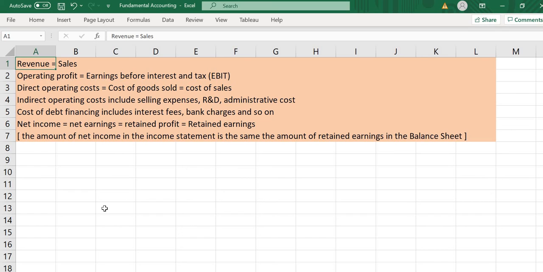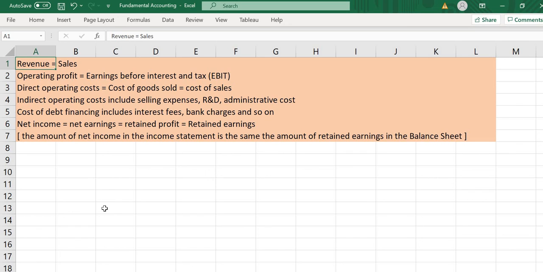So I have prepared a very easy review here for you to have a clear point of view, and we can easily define the exact term. If someone changes one of the terms when they construct the income statement, don't be confused about that. It's totally the same thing.